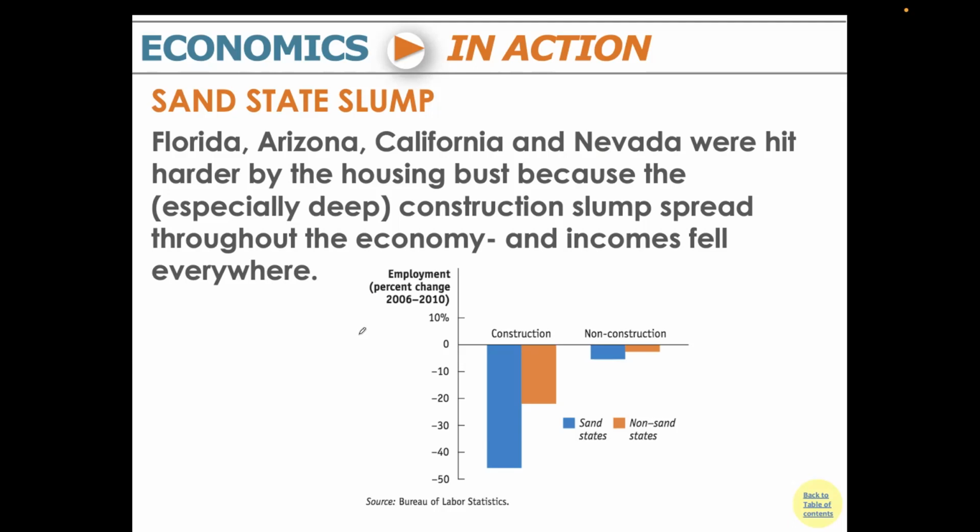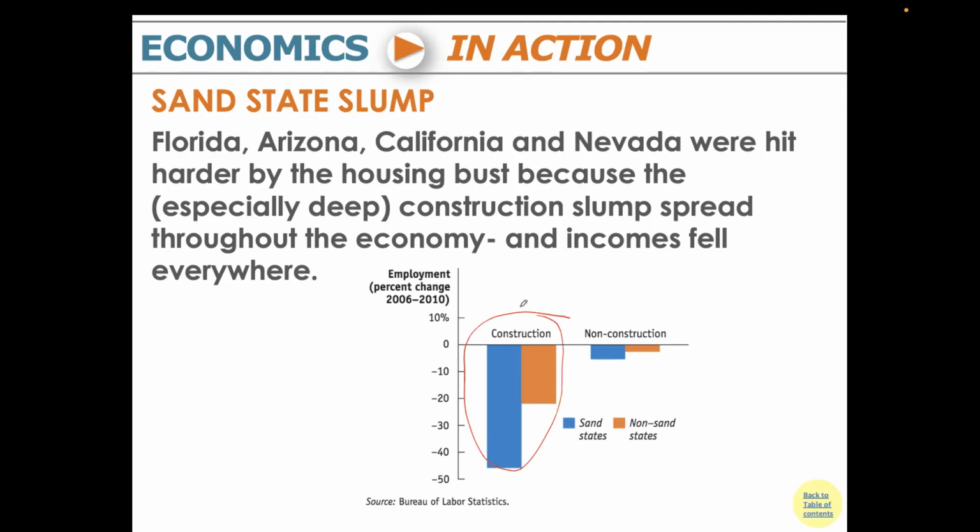Now, the housing market collapse immediately is going to have an impact on employment in construction, because people are not going to buy houses, and then the construction workers will lose their jobs. First of all, this is precisely what happened in the construction sector.